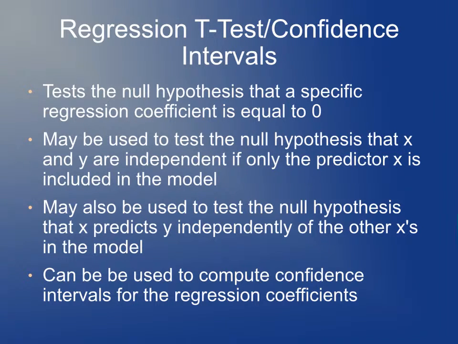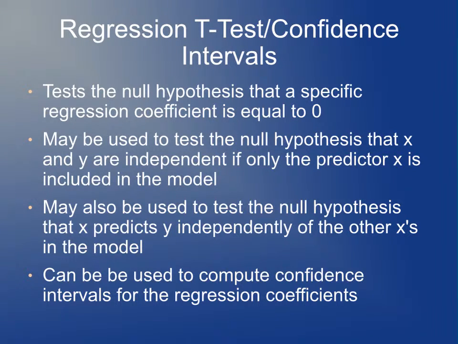And for each regression coefficient, there's also a t-test and a confidence interval. It'll test the null hypothesis that a specific regression coefficient is equal to 0. And so in principle, you can use it to test the null hypothesis that x and y are independent if only predictor x is included in the model, or to test the null hypothesis that x predicts y independently of the other x's.